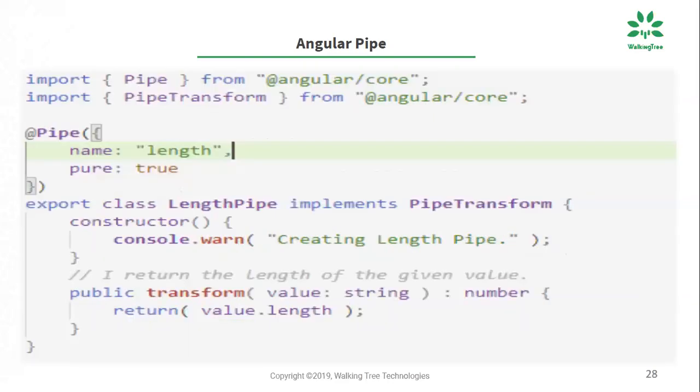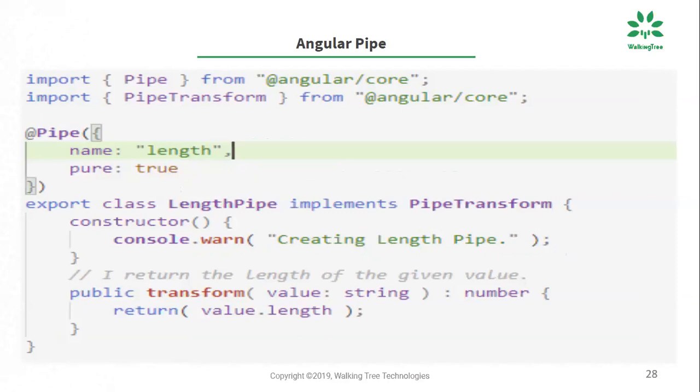In the Pipe annotation, you can see that I have given the name length, and pure true. That means I want to create a pure pipe, which only tracks reference changes. Whenever a reference change happens, that means a value change happened, the onChange method will be triggered, and according to that the pipe will be called.